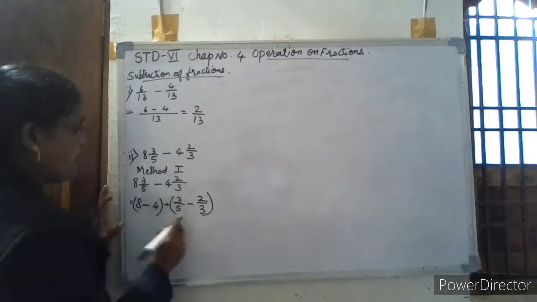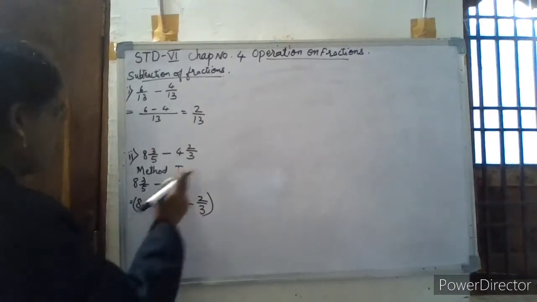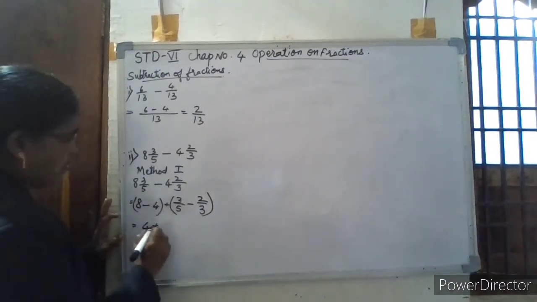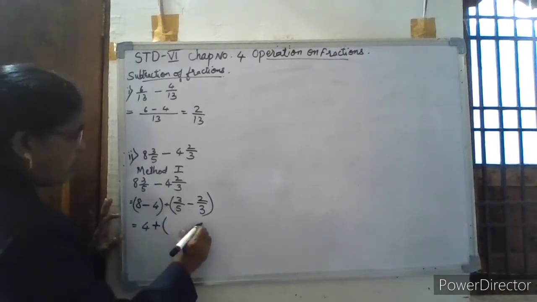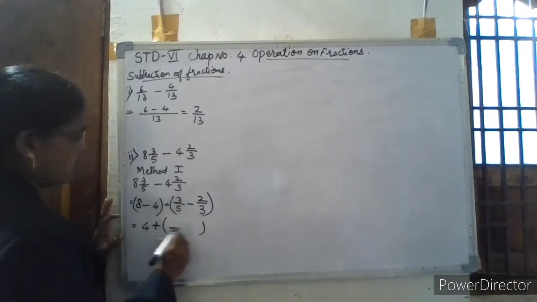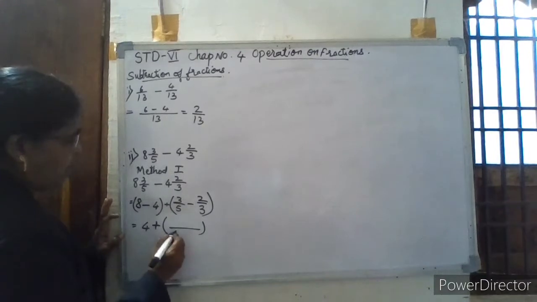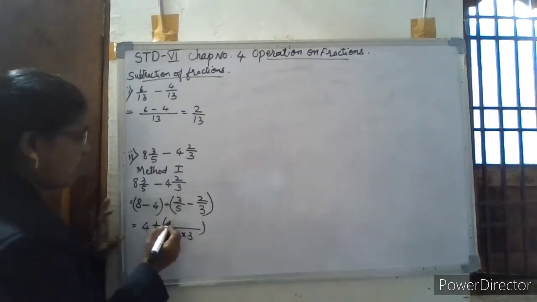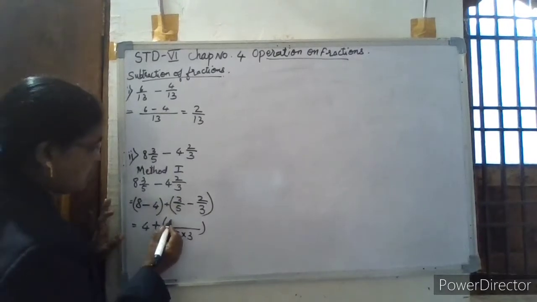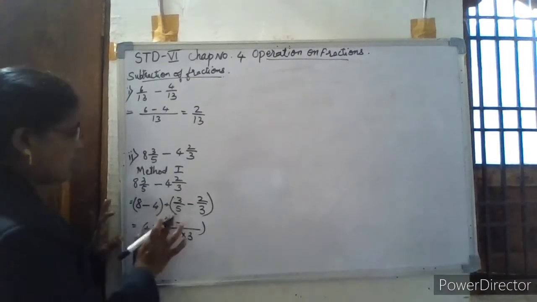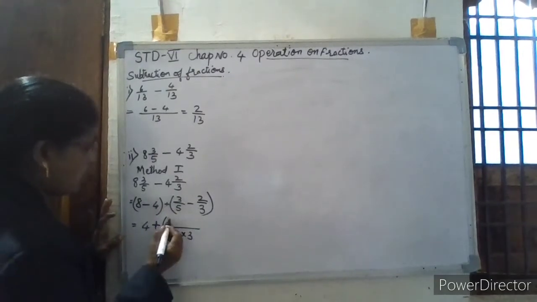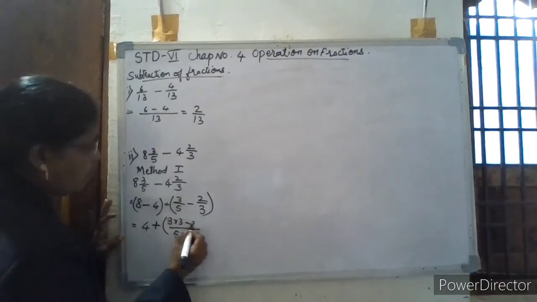We have to do cross multiplication of this. 8 minus 4 is 4. 4 plus, with different denominators, 5 into 3. Now cross multiply: 3 into 3 minus 2 into 5.